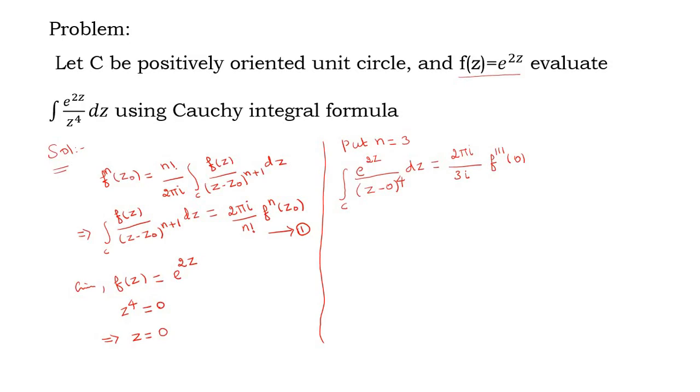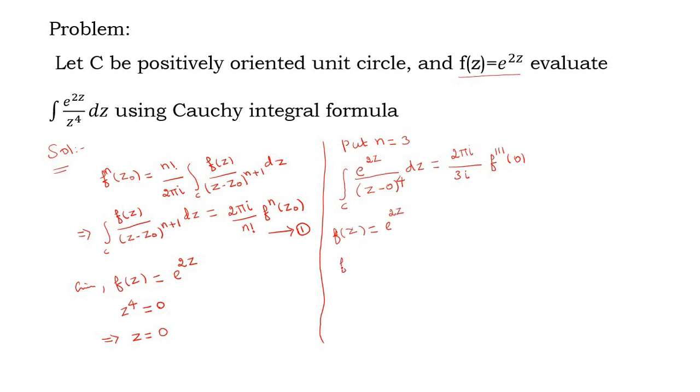So we know the value of f of z. Now we find the value of f triple dash of 0. f of z equal to e power 2z.